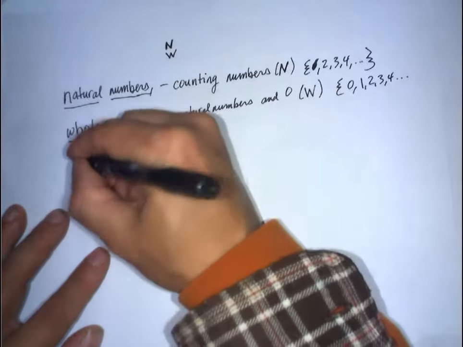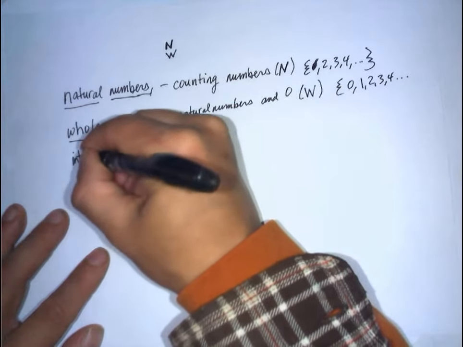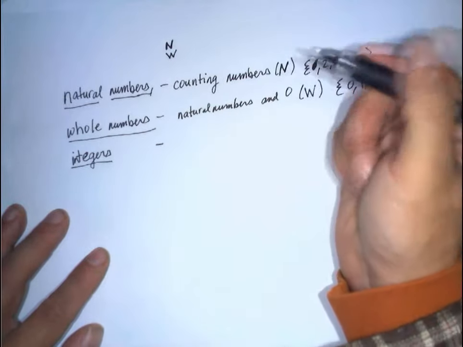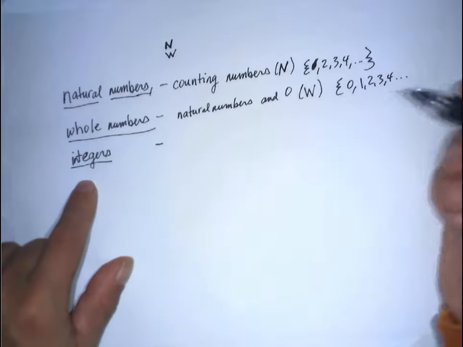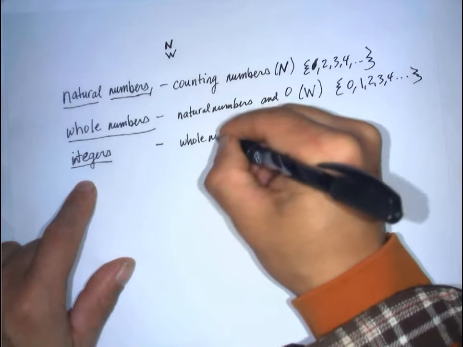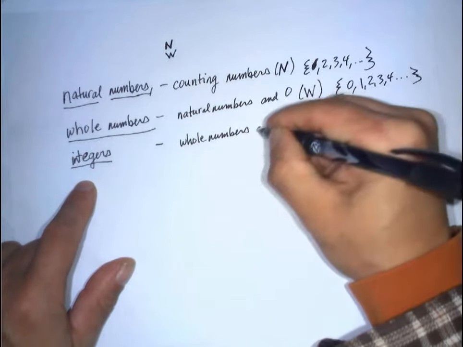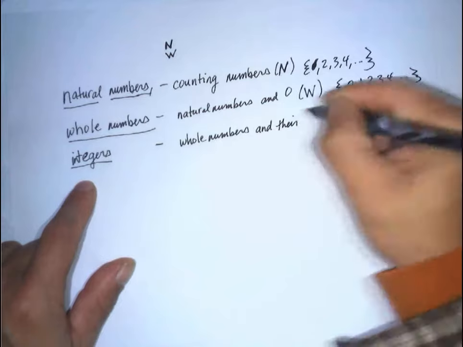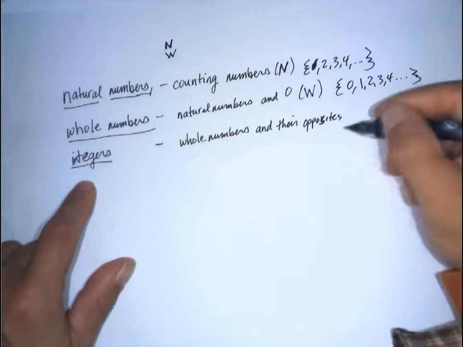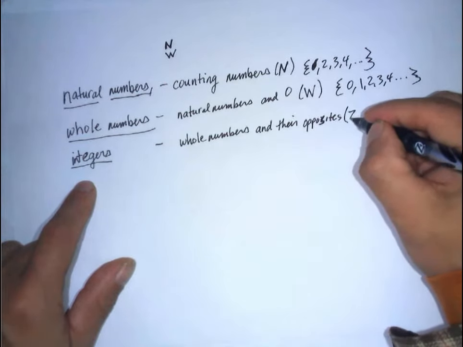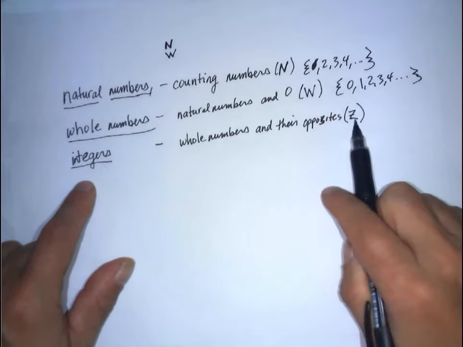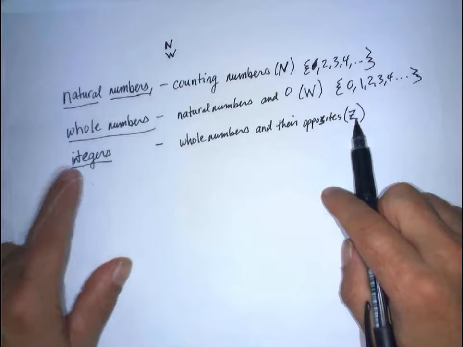And then we introduced... Actually, I think we did rational numbers first, but the order of things is to do the integers next. And the integers are whole numbers and their opposites. And we represent the integers with the script letter Z, because Z in German means integer, whatever the word is.